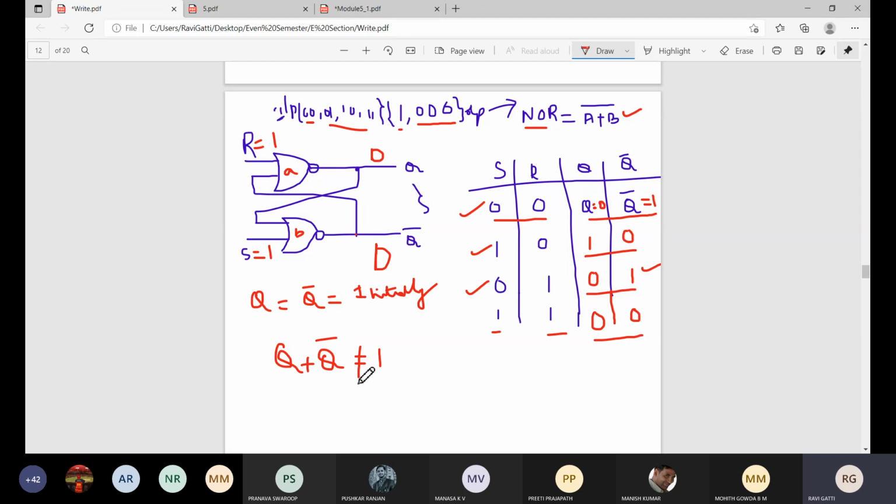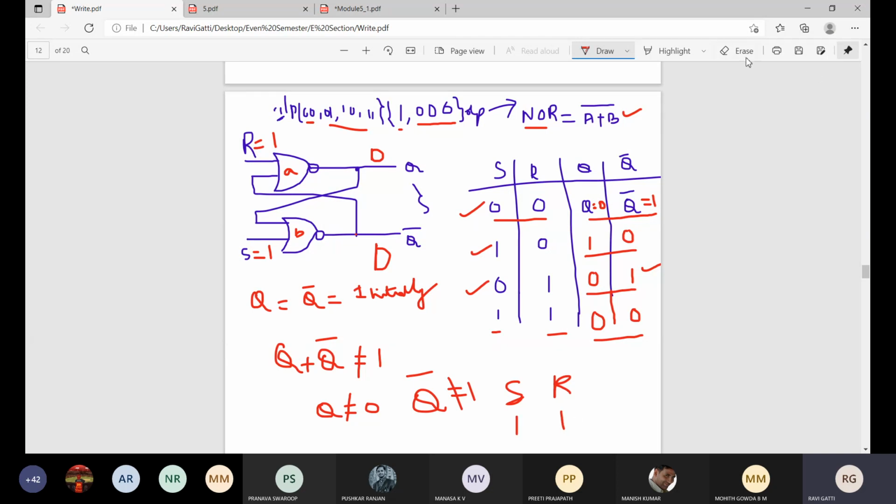Because we have designed the sequential circuit in such a way that when Q is equal to 0, Q bar has to be the complement of that. But when S is equal to 1 and R is equal to 1, this condition is not holding. So we come to the conclusion that the SR latch does not provide the desired output when S is equal to 1 and R is equal to 1.